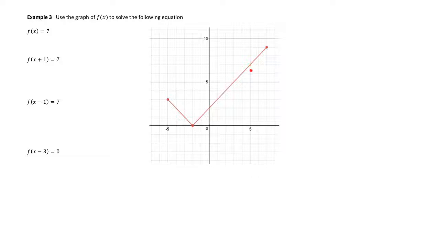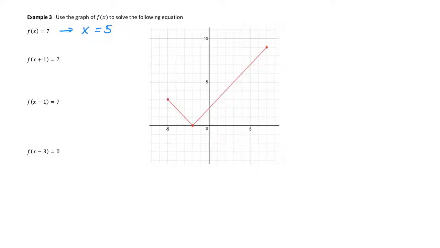To solve our equation, you just have to look down to the x-axis, and I see 5. So just reading this off of the graph, I know the solution here is x is equal to 5. And the reason is, if you put 5 into the function, it gives you 7 back as the y value. So really, we're just reading things off of the graph.